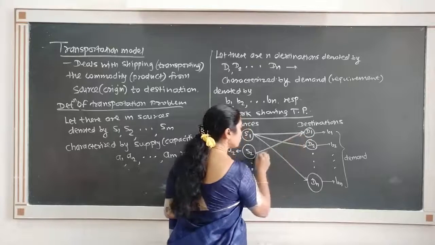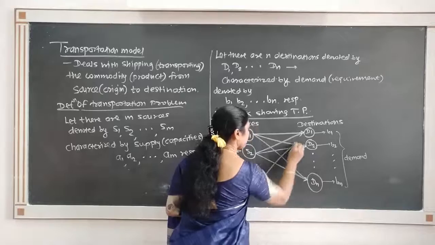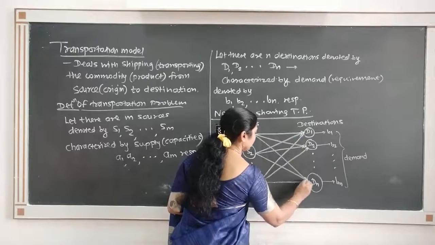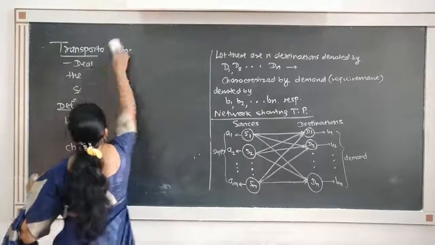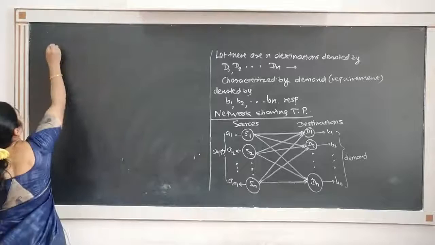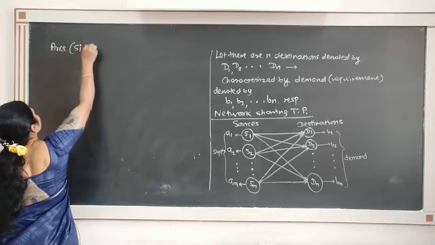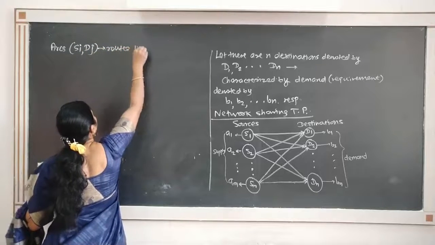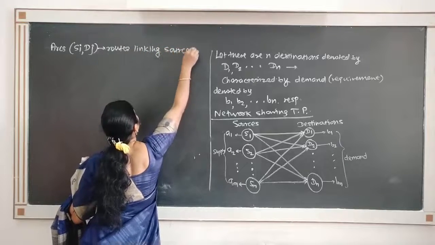So from every source there is a route to destination. So these arcs SiDj are nothing but routes linking sources to destinations.